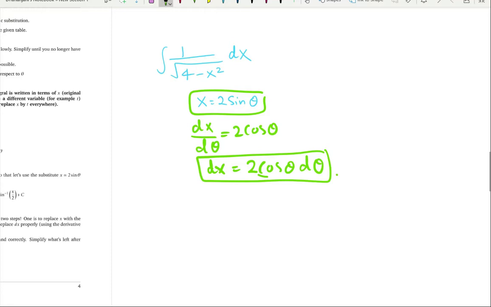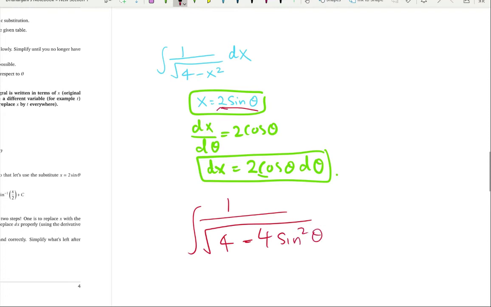Okay, now you can do the substitution. So let's do it. It's 1 over the square root of 4 minus x squared, where x is 2 sine theta, so x squared is 2 squared, which is 4, times sine squared theta. Make sure you square both of them. Alright, now dx is 2 cosine theta d theta. This is the correct way to do it.